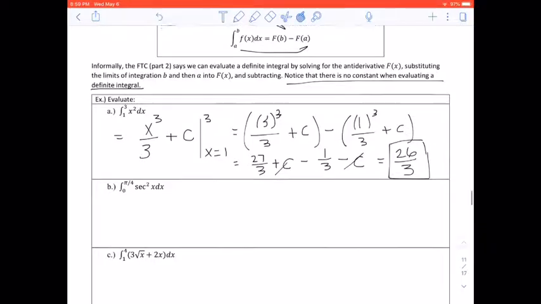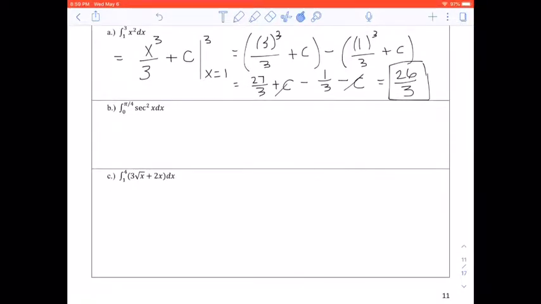Looking at the next one, we have the integral from 0 to pi over 4 of secant squared of x dx. If you go back and look at your handout for the antiderivatives, or think about the derivative formula, this is equal to tangent of x. I'm not going to put the plus c in anymore. Hopefully you can see that it cancels out whenever you have a definite integral.